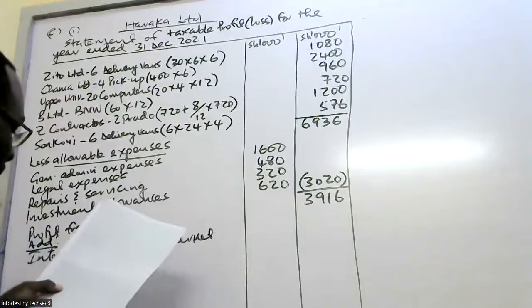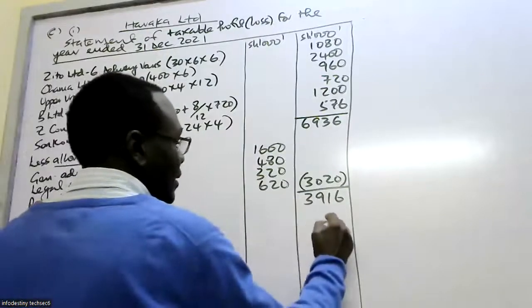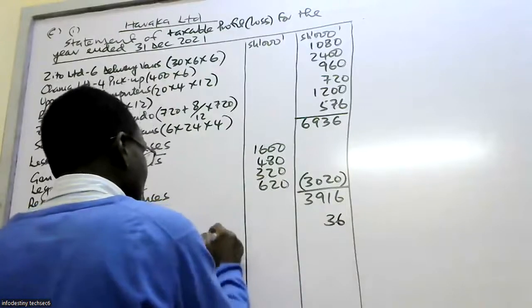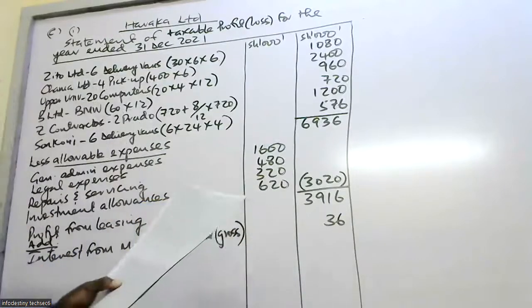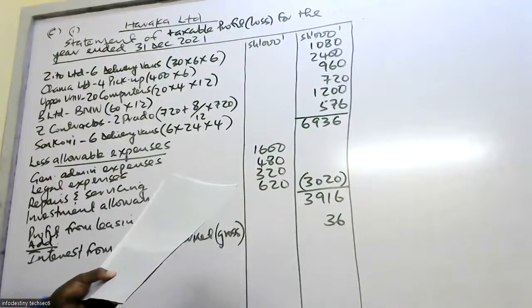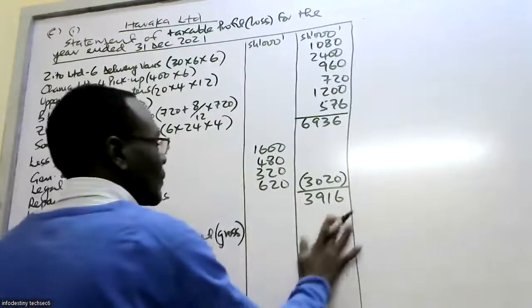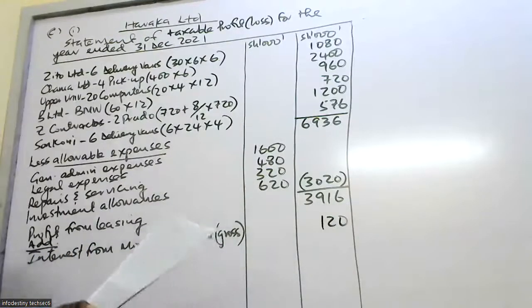They're saying the amount is already gross, so we'll add here 36 as the gross amount. Interest from money market, I've added the wrong one. It's supposed to be 120. 120 is from money market.